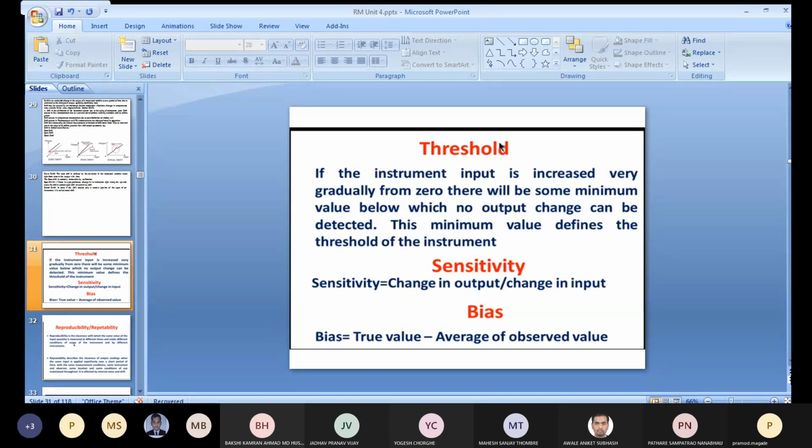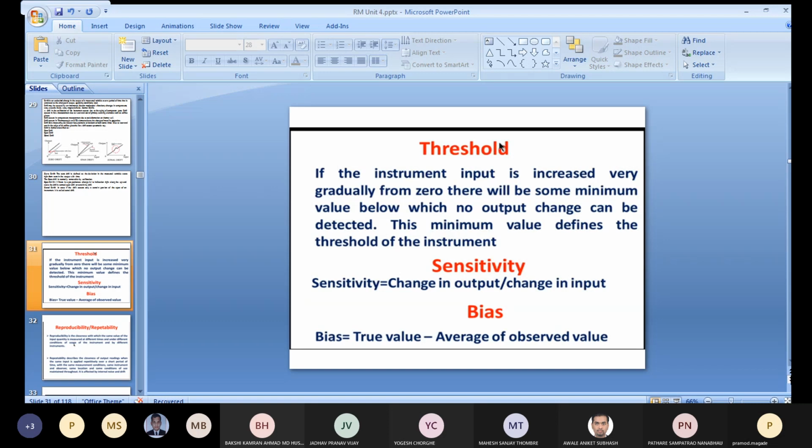So write down: the threshold is, in case of the instrument input, which can increase gradually from zero, there will be some minimum value below which no output change can be detected.